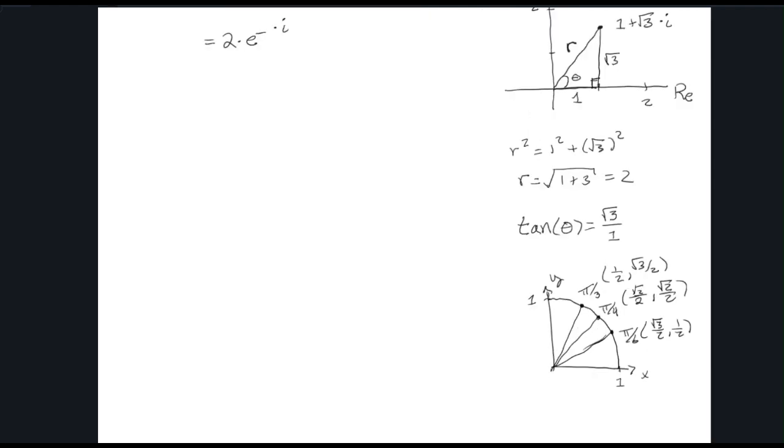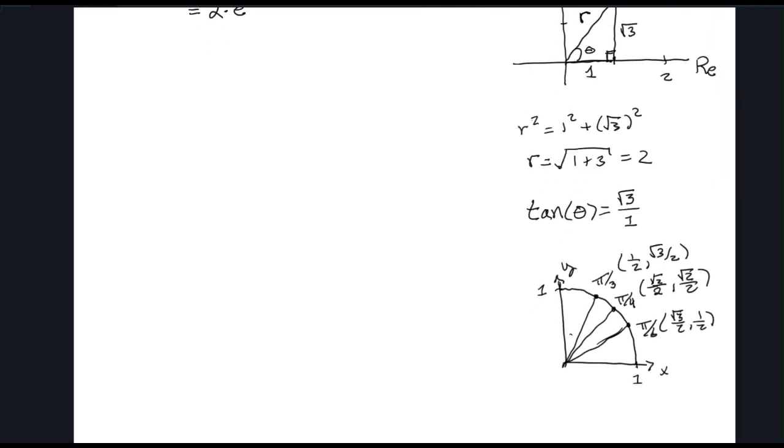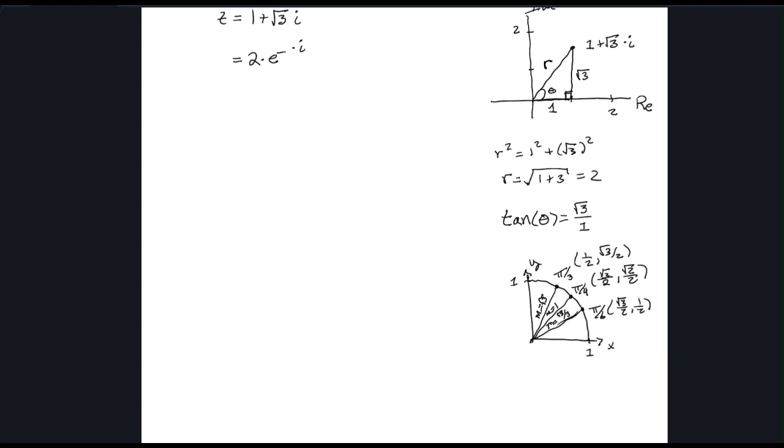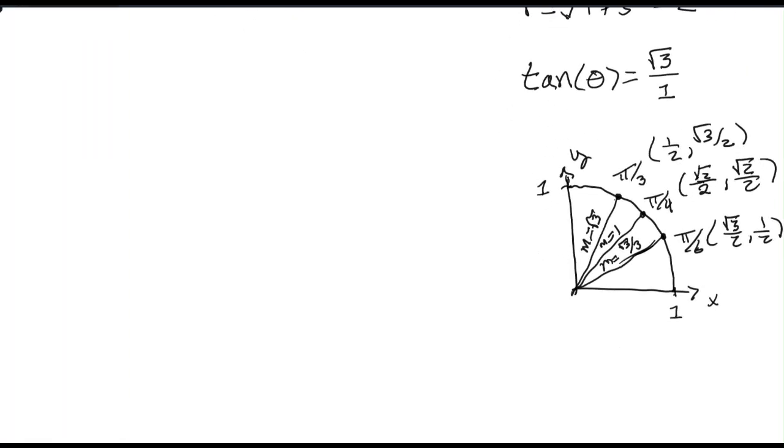Now, if we take the y over the x, that actually gives us the slopes of these lines. And you can do this on your own to confirm, but these slopes should be m equals root 3 over 3, m equals 1, and m equals root 3. Let's see if I can make that a little bit easier to read.